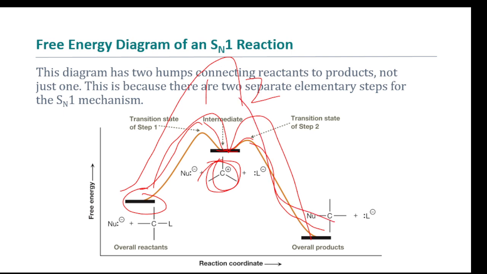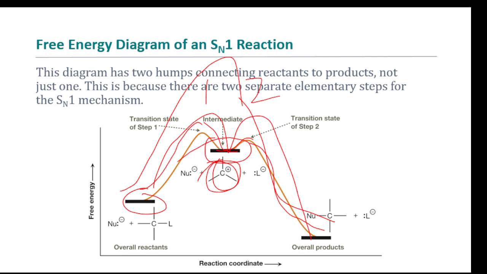That's it. And SN1, on the other hand, we have to have the leaving group leave first. Then we get the carbocation. That gets attacked then. And so it does split it up into two steps, but it does end up creating this high energy intermediate.